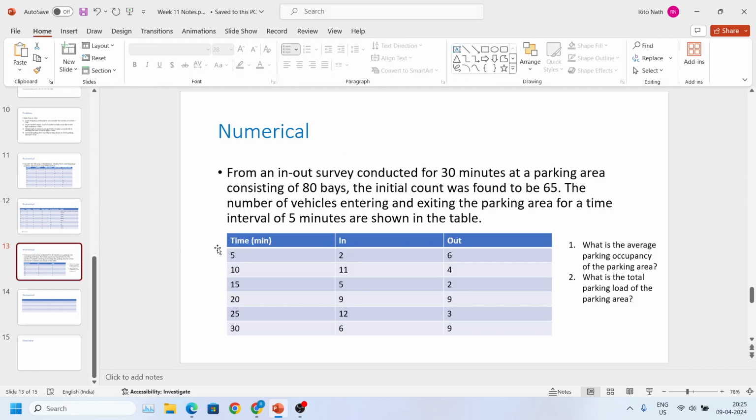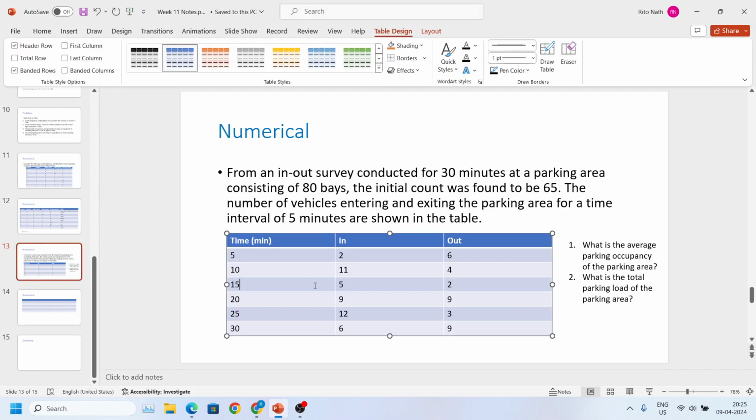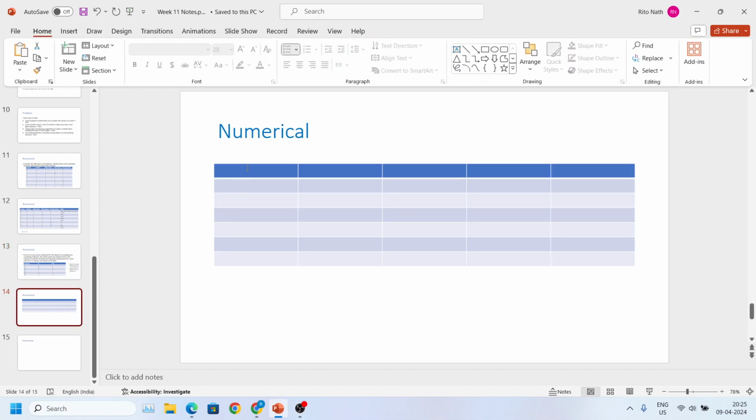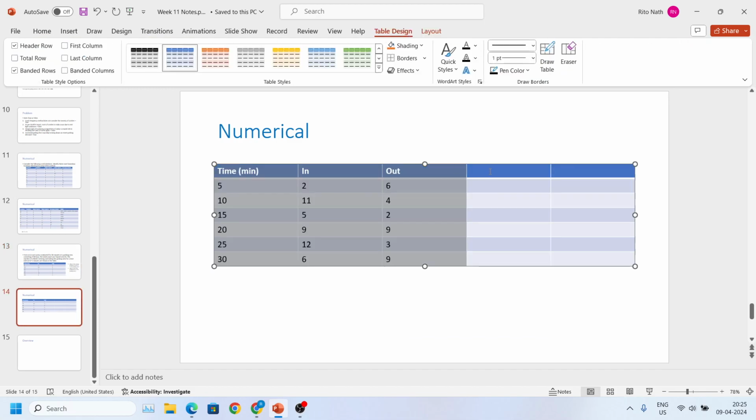Let me copy this problem data. There are two things: one is occupancy, another is parking load. So there are two things we have to calculate. Here we'll check for occupancy. Here we'll check for parking.